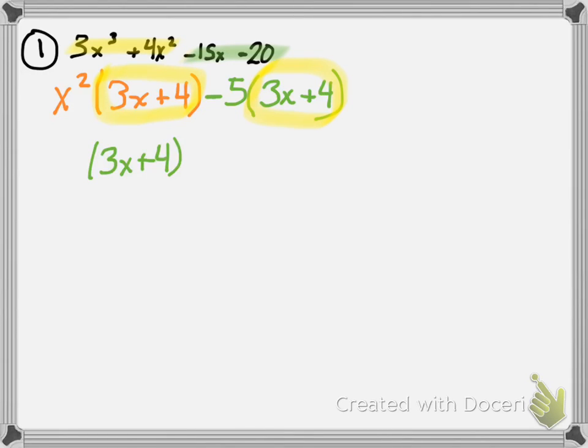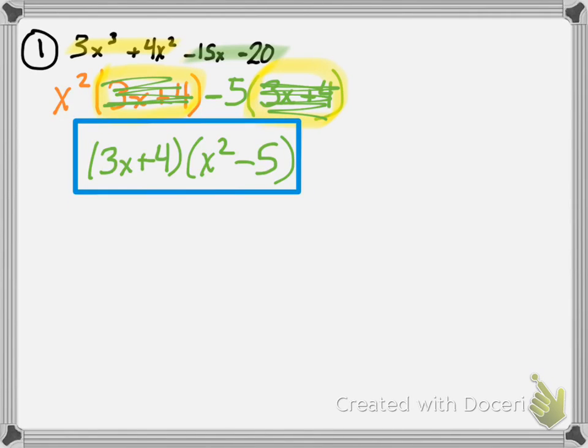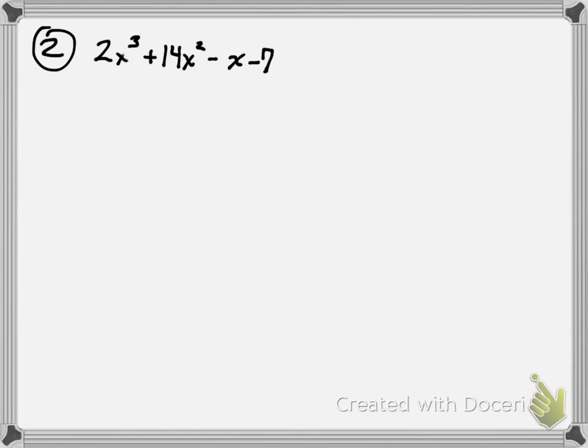Then you pretend like that's not here. What's left? x squared minus 5. And unless this is like a difference of squares or a difference or sum of cubes, you are done. That is the answer. Let's do it one more time.